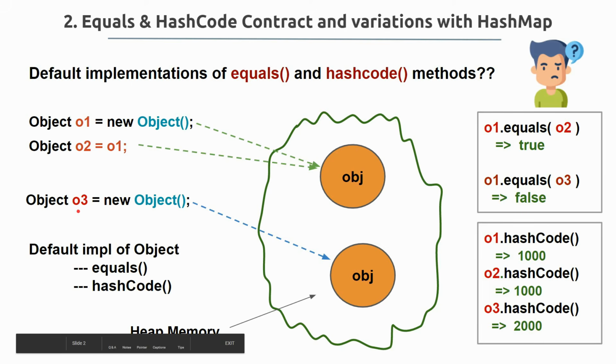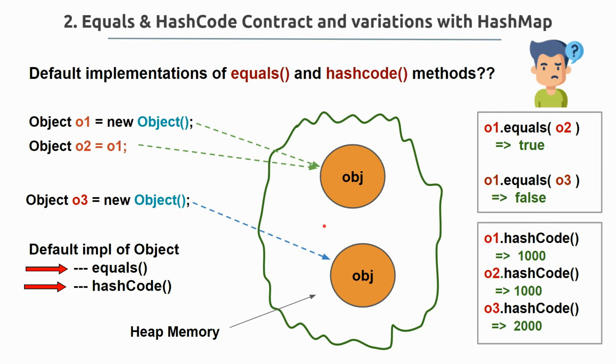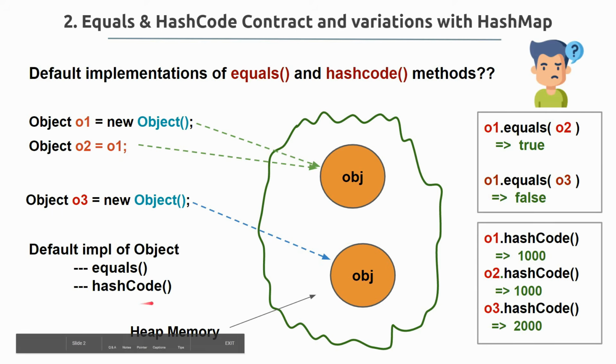But object O3 is pointing to a different object, so it will have a different hashcode. Now there is one more thing that you should know. We can override the equals and hashcode methods in our own implementations, and we are going to see that ahead.